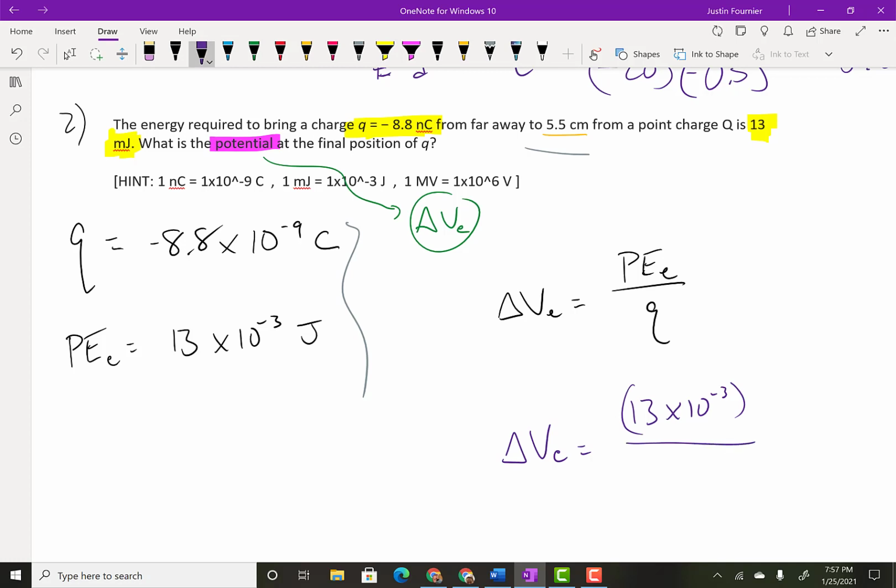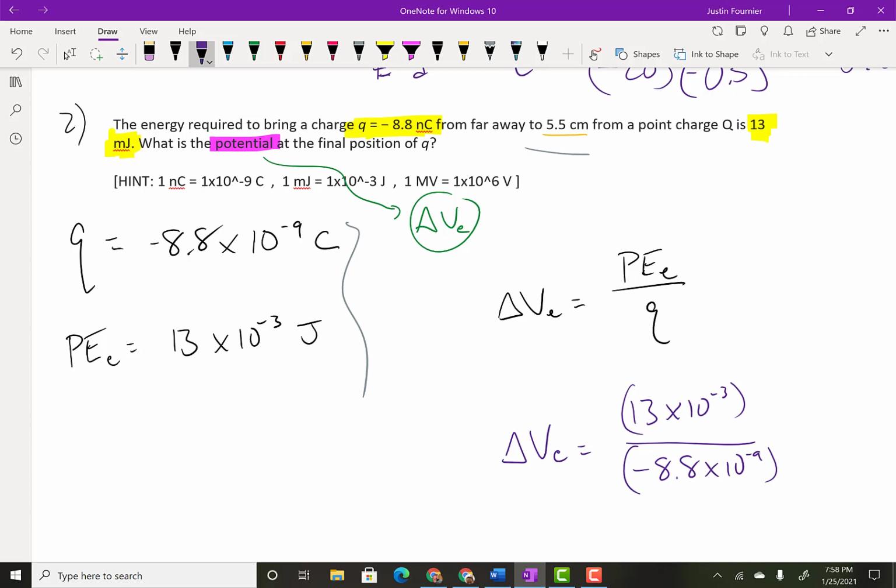Divided by the charge, which is negative 8.8 times 10 to the negative 9. If I plug this into my calculator, 13 times 10 to the negative 3 divided by negative 8.8 times 10 to the negative 9.